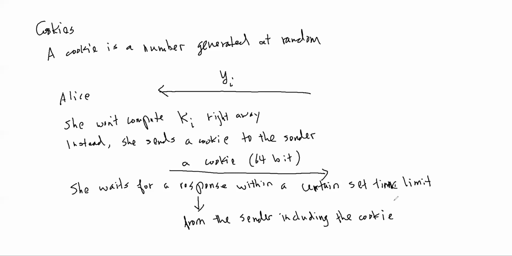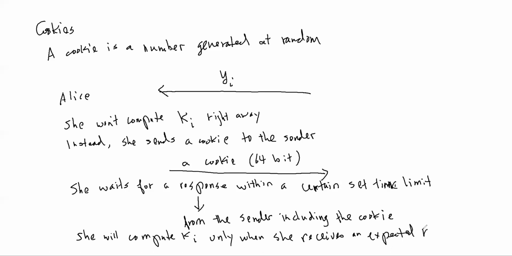So if she doesn't receive this response, then she will not compute Ki at all. She will compute Ki only when she receives an expected response.